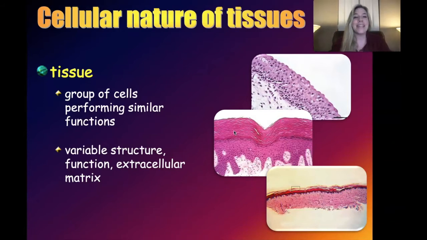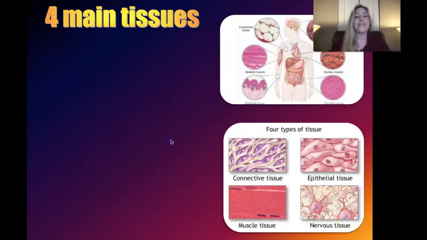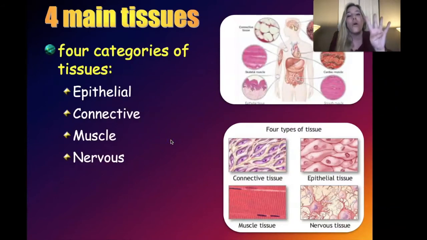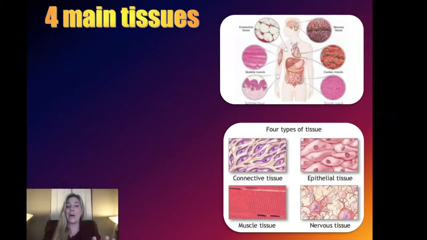So let's get started, and we're going to take these different types of tissues and break them into 4 overarching categories. Now, the fun of studying tissues is that there are a lot of subcategories, and we'll be going over those too. But to start, let's just say 4 main categories that we're going to put all the tissues of the human body into.